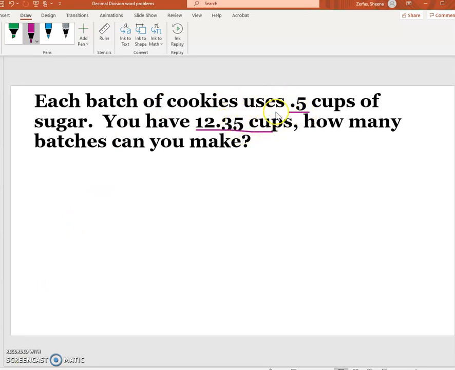As you read, it doesn't matter the order. We are going to use 0.5 cups in one batch, and we have 12 35/100. So this is representing the total amount that we have. So this would be my dividend. This is a common question that we'll see with division, where we want to know how many of one thing fit into the other. So we want to know how many of these we can make from this.